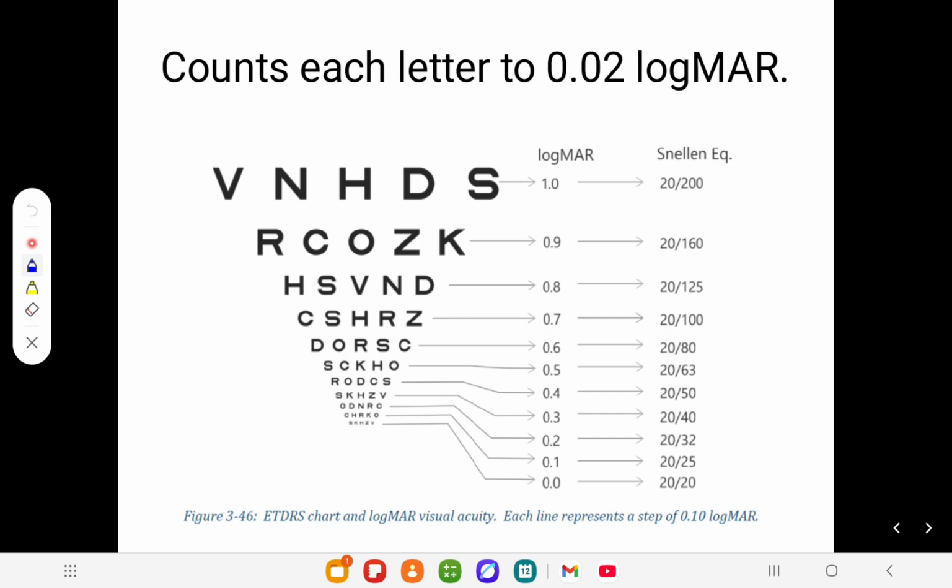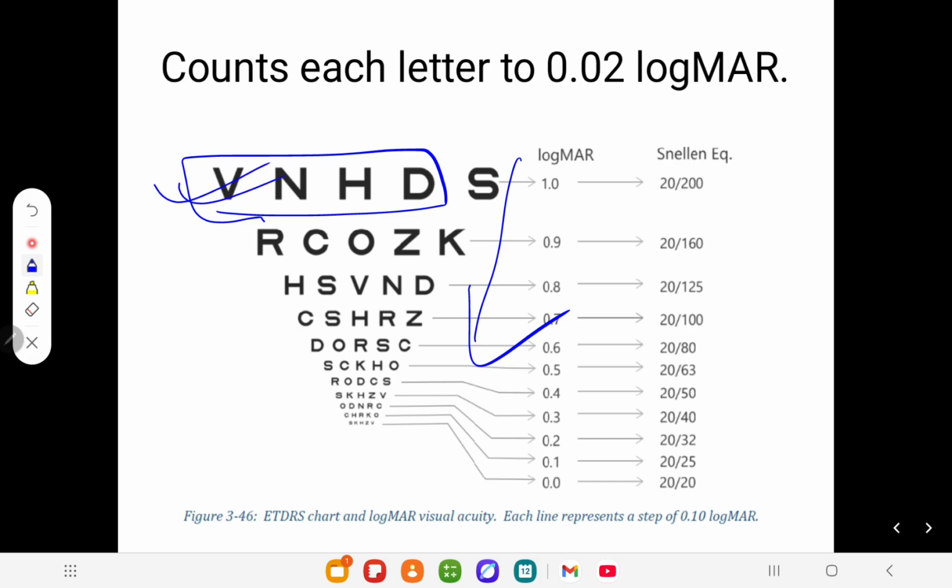Because of its logarithmic progression of the letter size, and each letter counts. Whenever four letters of a line are read and the others cannot be read by the patient, then we count only four letters and give the visual acuity.